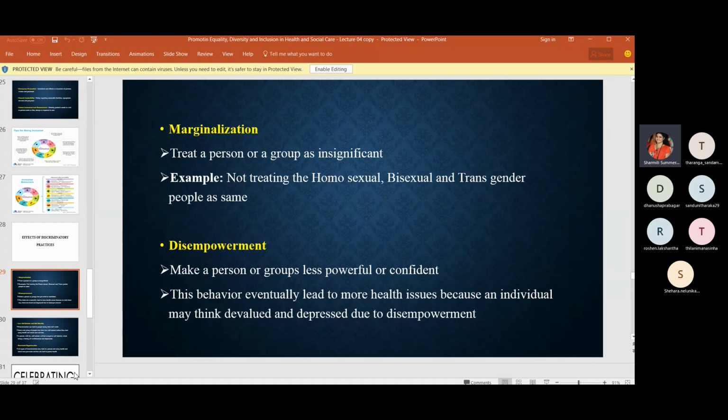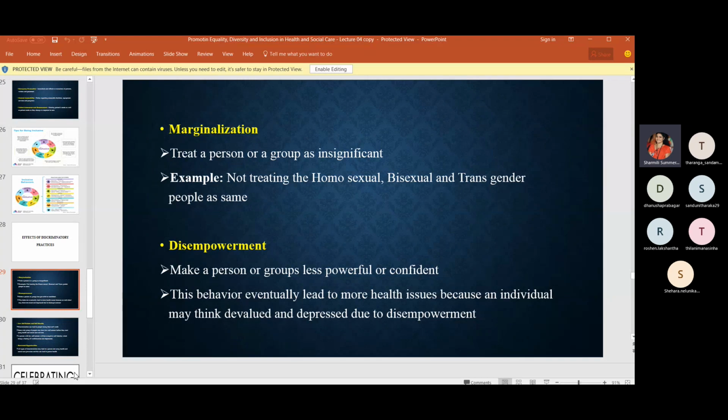For example, if you start to point out that a single mother can't raise a child in a good manner, if you keep criticizing like this, then the mother eventually starts to lose her power and confidence. She may also start to doubt that she is not well fit or can't raise her child as a single mother. So they start to devalue themselves, meaning they won't value their own power.